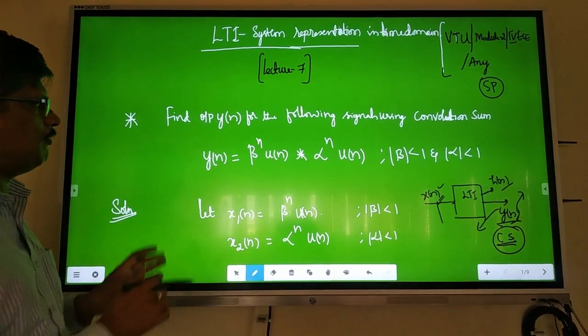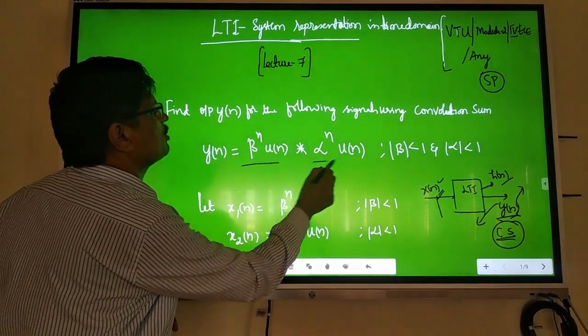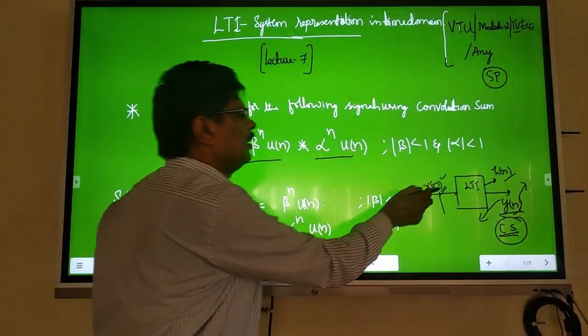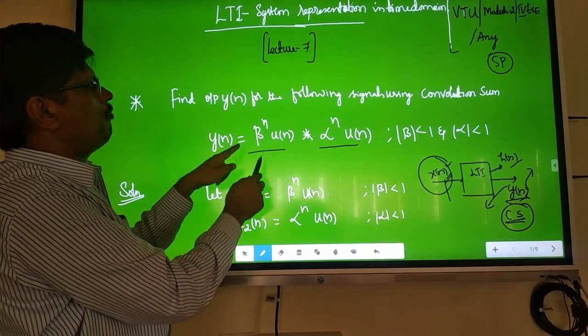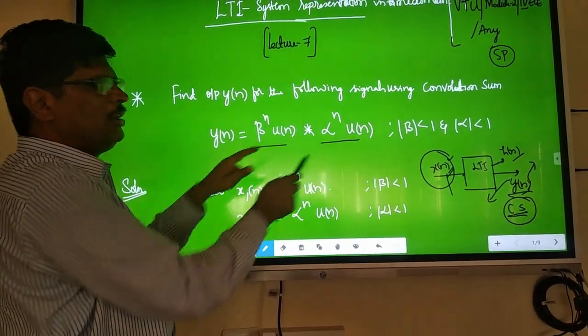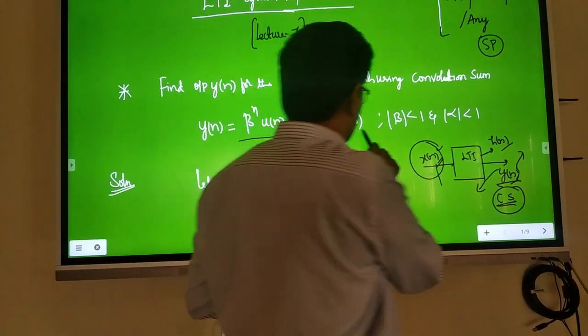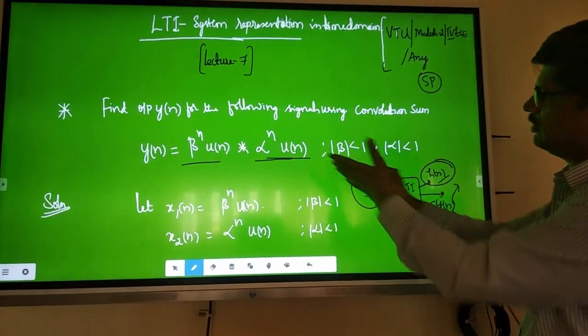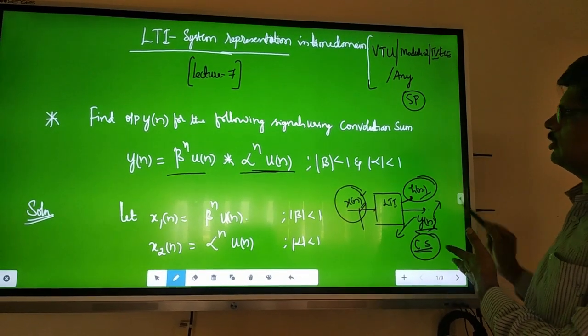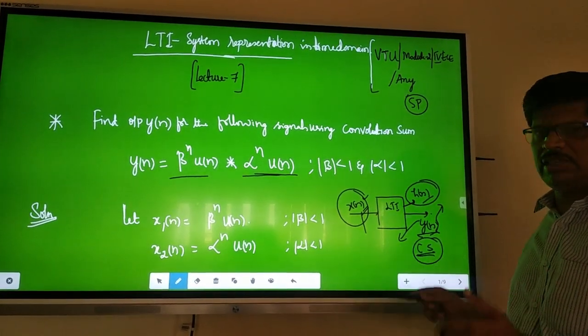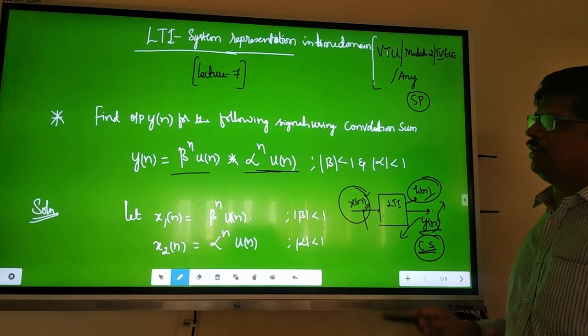For example, x of n is also an exponential, beta to the power n into u of n, and h of n is also an exponential. Then how do we get the output, exponential with exponential? We will see now.